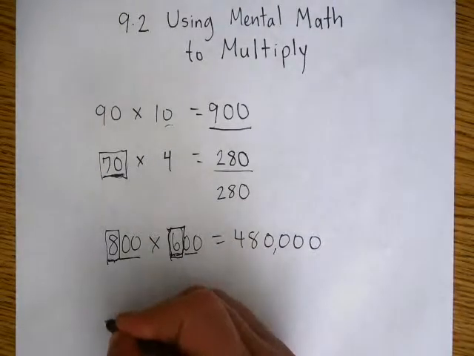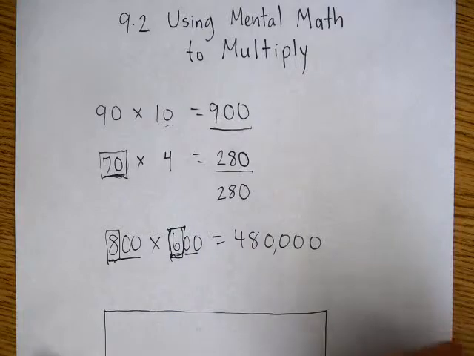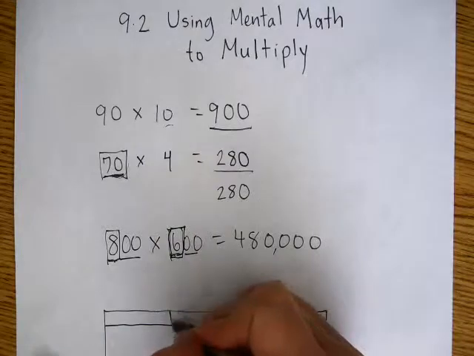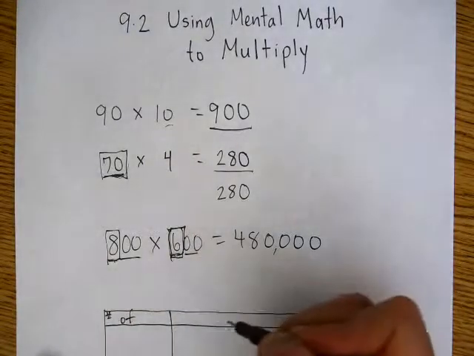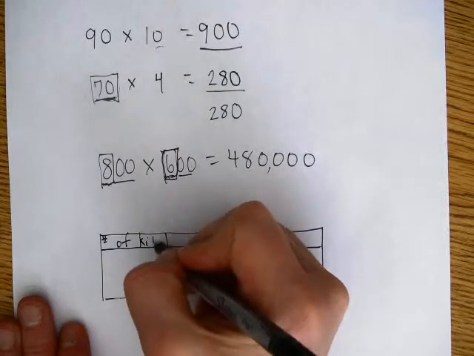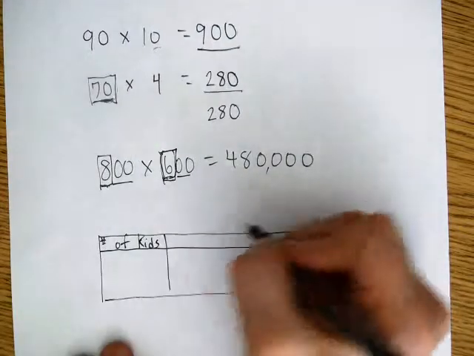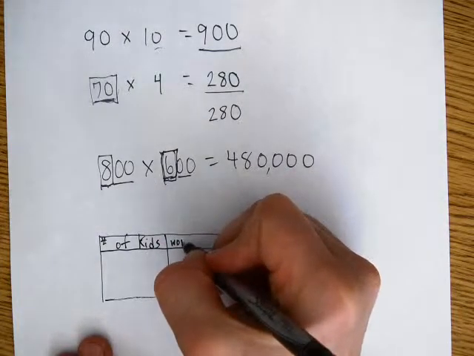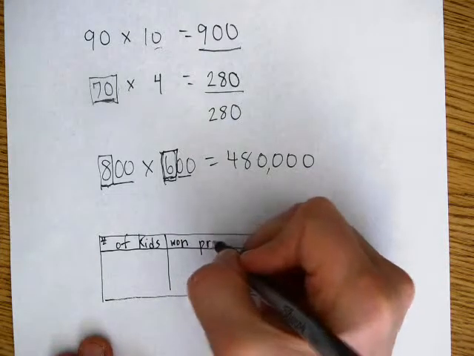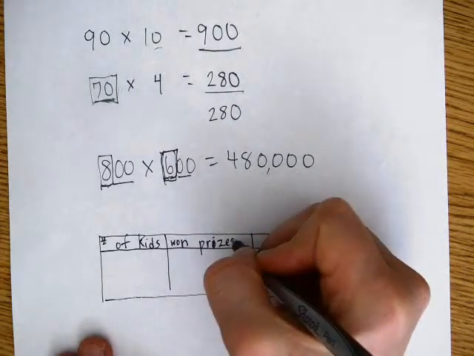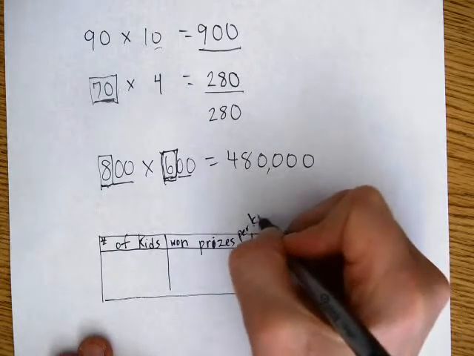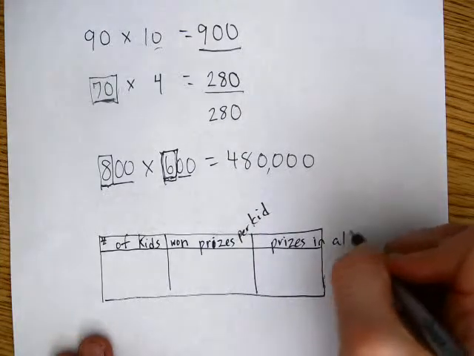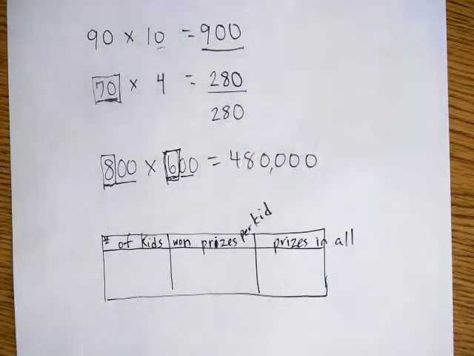So for example, we might have a diagram that looks like this, with a number of kids, and each kid won a certain number of prizes, so prizes per kid, and then prizes in all. This is an example of a good multiplication diagram.